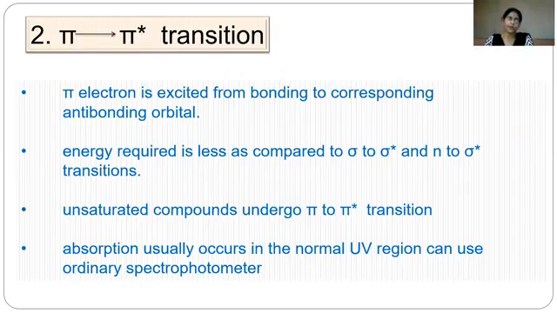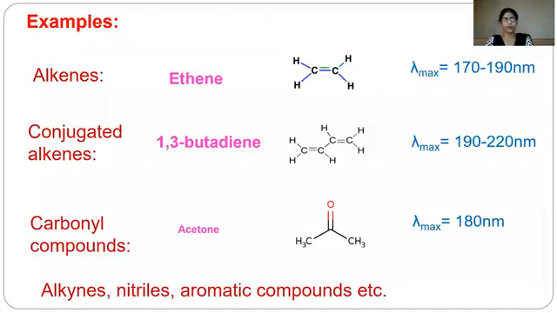The energy required for this transition is less as compared to sigma to sigma antibonding transition and n to sigma antibonding transition. Unsaturated molecules undergo pi to pi antibonding transition, and for recording this type of transition we can use a normal ultraviolet spectrophotometer.